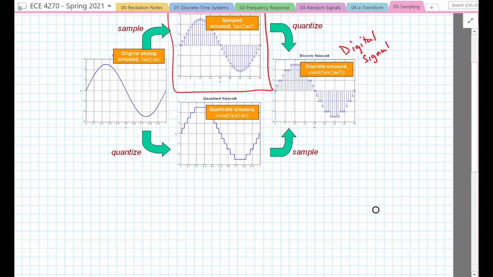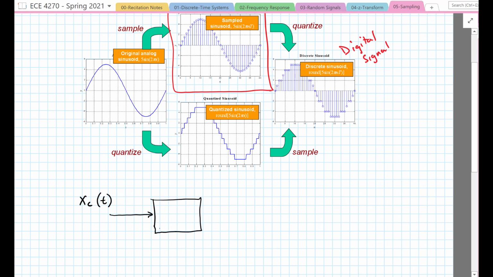So this will be ideal, and the idea is that we have a continuous time signal, using our notation, the parentheses with the t should indicate that. I'm going to put a c by it just to make it extra clear.